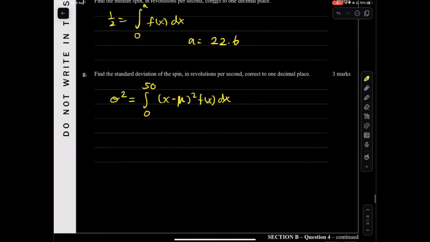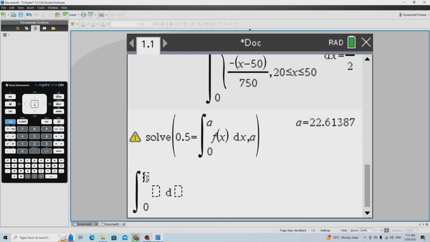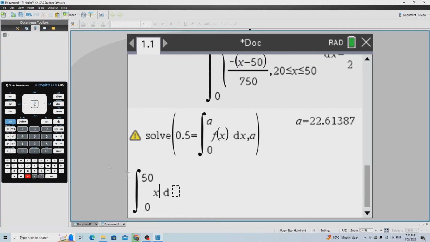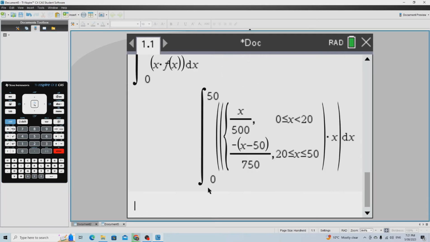What is our mean value? Well, your mean value can be calculated from 0 to 50 of x times f of x dx.